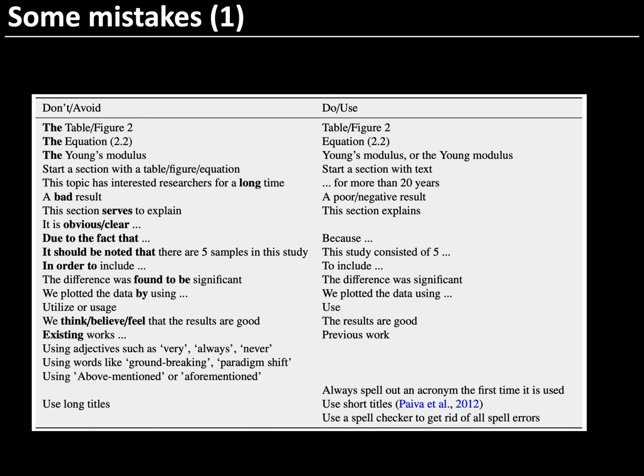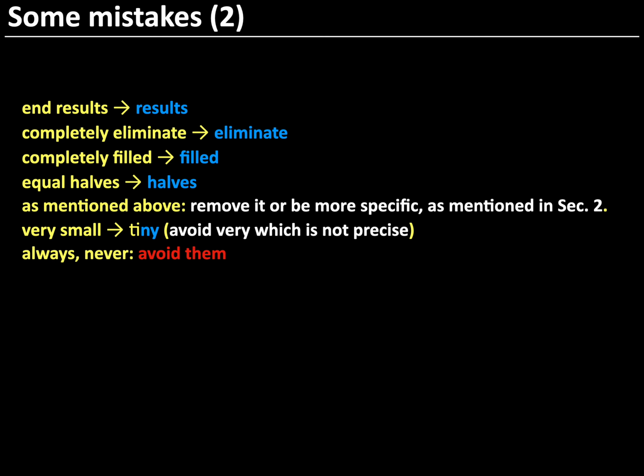And maybe I use "due to the fact" only if "because" appears too many times, because that's also not good. "But it should be noted that there are 5 samples in the study." Oh, it's so formal, it's boring. "This study consists of 5 samples." "In order to", no. Okay, and these are also some mistakes that you should avoid.